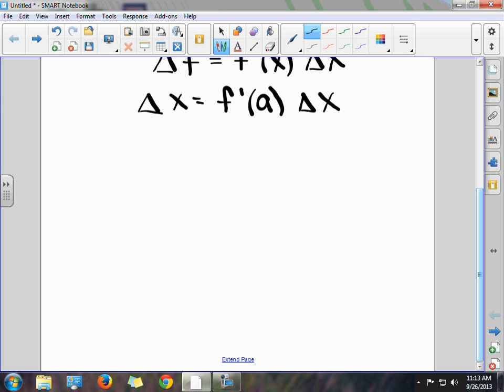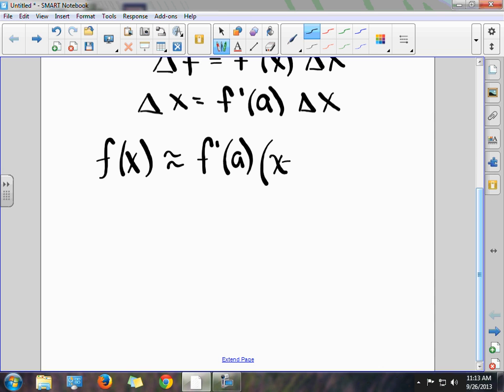Another way that we can do this is to write a linear equation that will approximate f of x where it's close to some a. Our linear equation would look like this. We're still just using that definition of the derivative, and it would just be the derivative evaluated at a, which is like our slope, times x minus a, plus f of a.